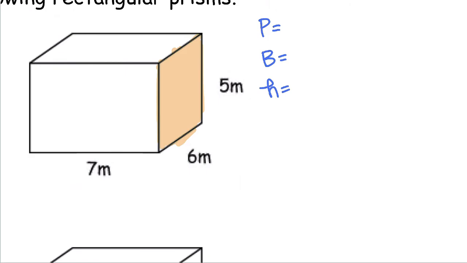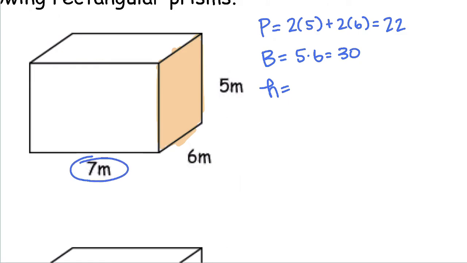The perimeter of my base is 2 times 5 plus 2 times 6, which gives me 10 plus 12, 22. The area of my base will be 5 times 6, which is 30. And the height between my bases is 7.